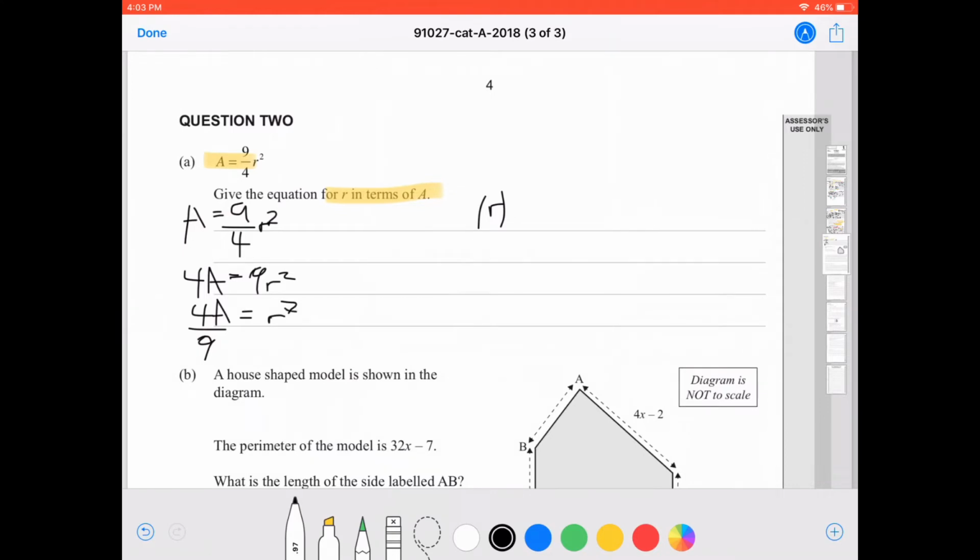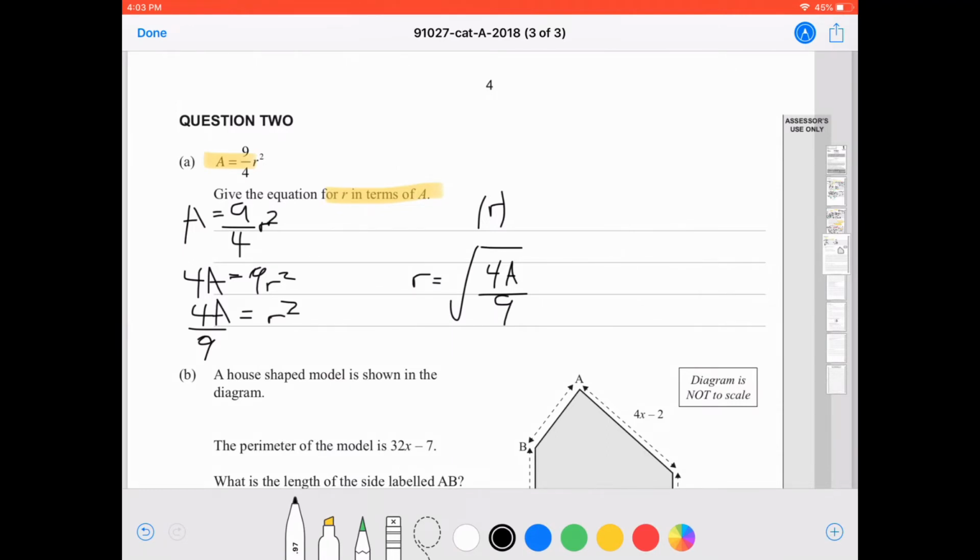And we've got r squared, but we're looking for just r, so the opposite of squaring is square rooting. So we're going to say r equals the square root of 4A over 9.